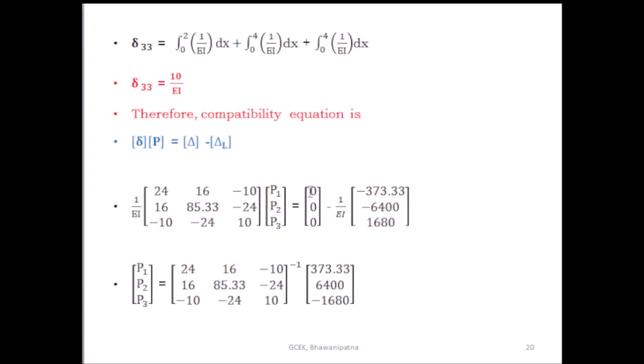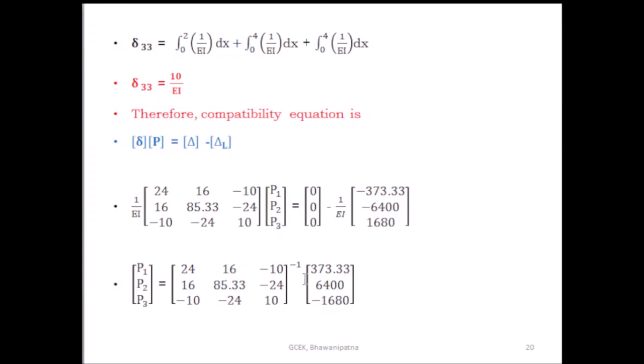Then you have to find out the redundant forces P1, P2, P3. So take the inverse of this flexibility matrix. Taking it to this side, the 1 by EI cancels, and you multiply the inverse of the flexibility matrix with the column matrix of displacements due to the external loading.